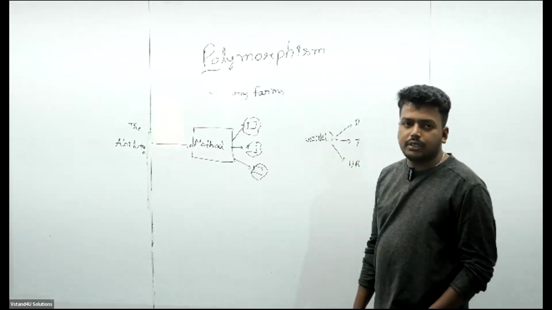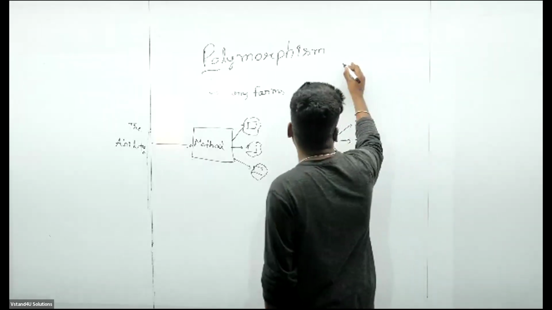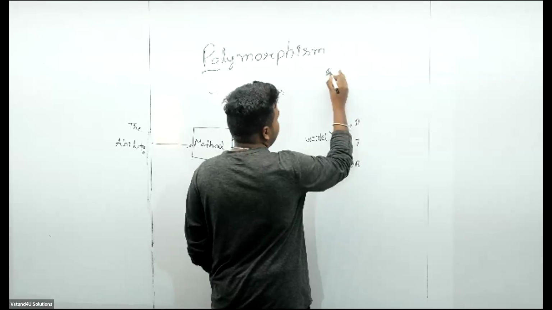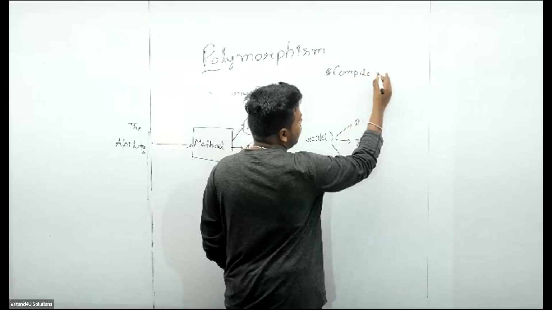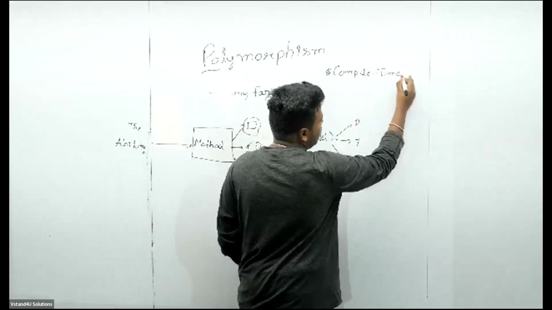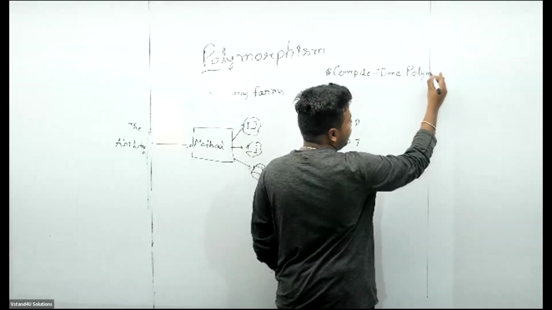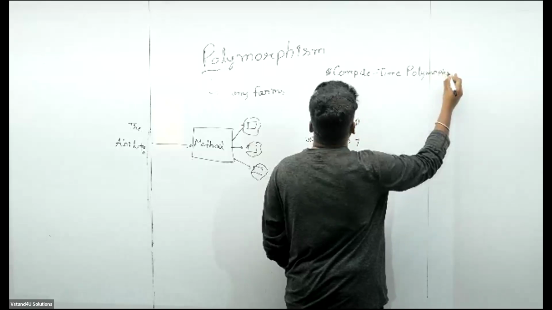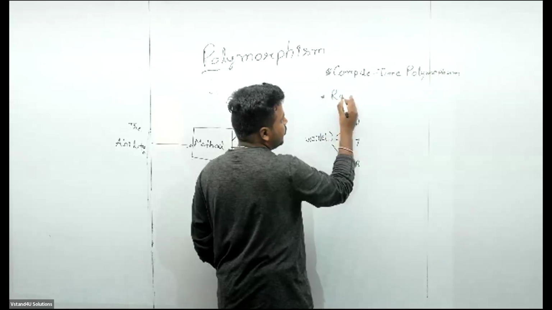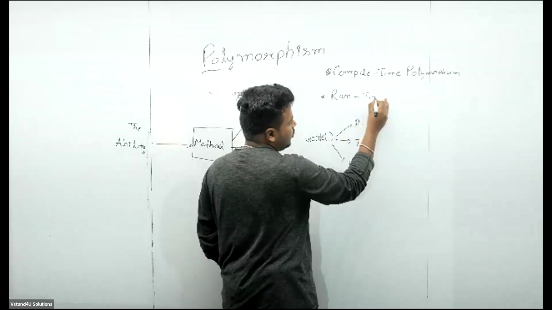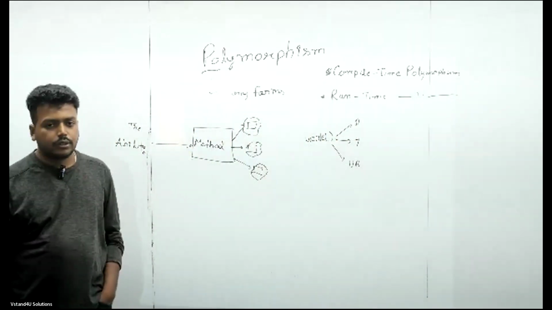In polymorphism, we have two types. What is the first type? Compile time polymorphism, and runtime polymorphism.